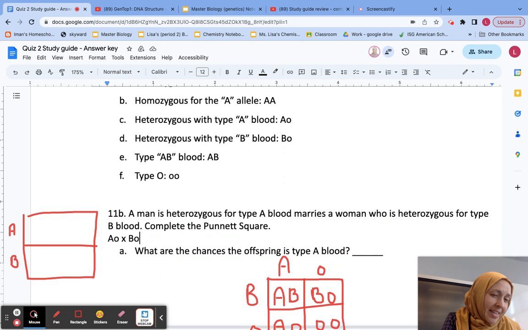That's just a few examples of a little more challenging questions. And then, you're all set. So awesome job. If you have mastered this study guide, give yourself a round of applause because you are on track to doing really well on this test on Thursday and on Monday's unit exam. Awesome job.